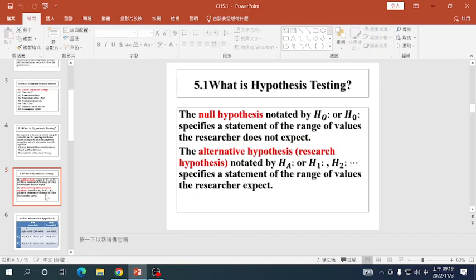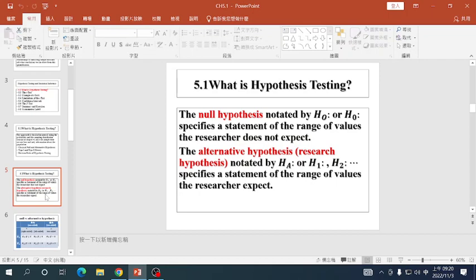The null hypothesis, usually we denote it as H. H denotes hypothesis, the capital letter of hypothesis. Okay, and this is O, and this is 0. Some use O, some use 0. Okay, and this null hypothesis specifies a statement of a range of values that researchers don't expect.